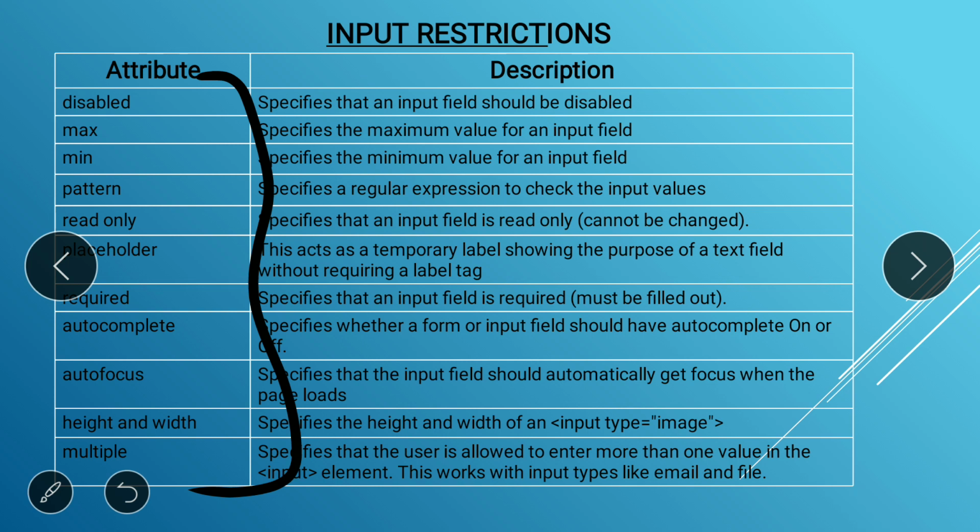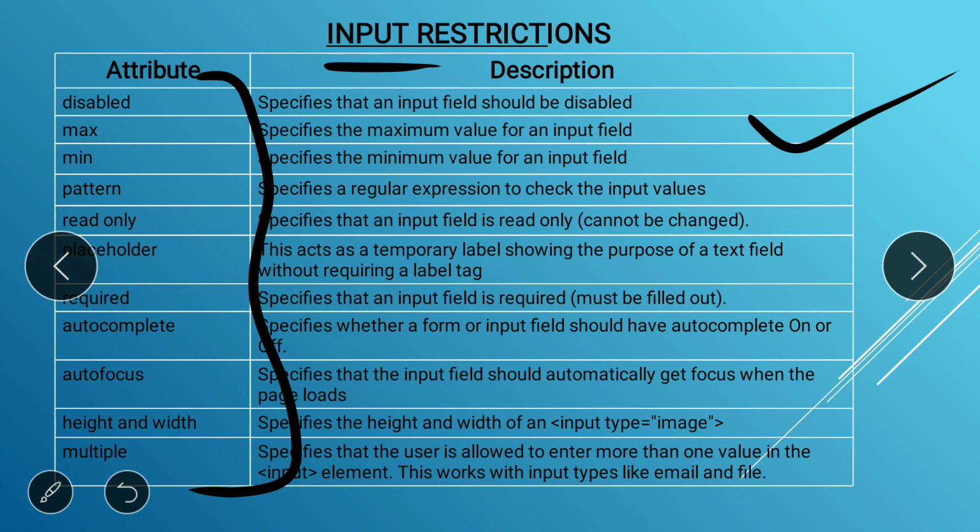These are all nothing but the input tag attributes, right? Those attributes and their working we will discuss briefly afterwards. And this is the table from your book where they describe it shortly.